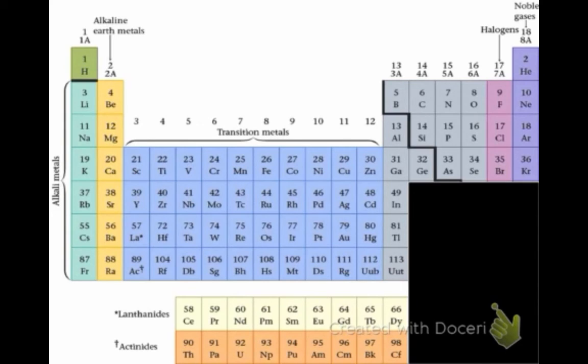Okay, so let's do another example. Let's take something like copper, Cu. By its position on the periodic table, we could know that copper is a metal.